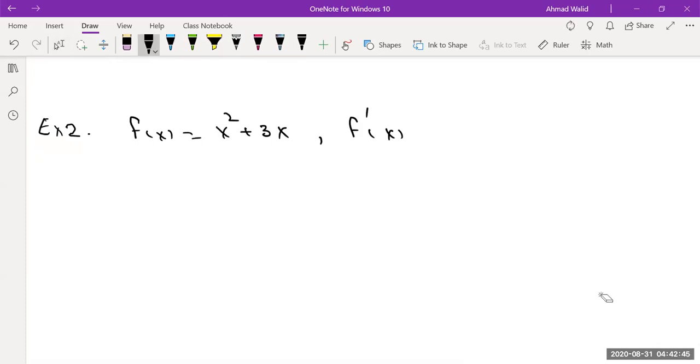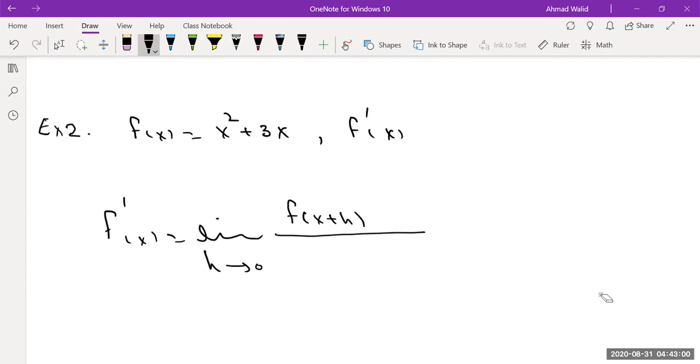Correct? Again, your formula, f prime x equals limit as h approaching 0 of f of x plus h minus f of x over h.